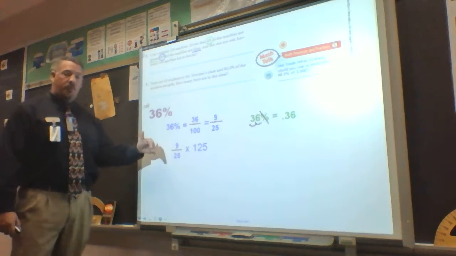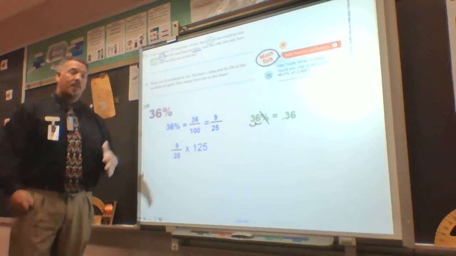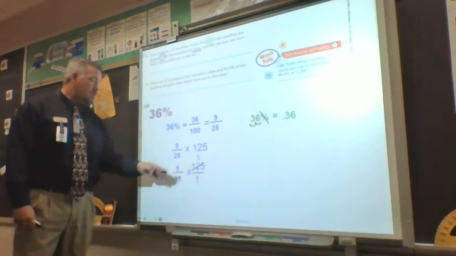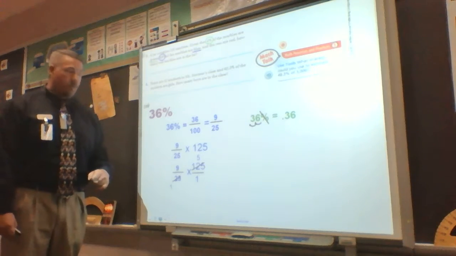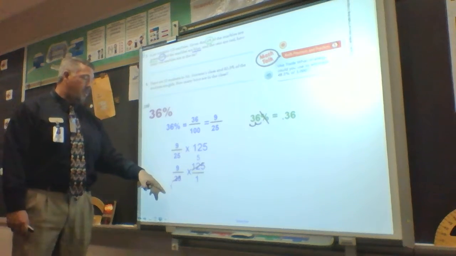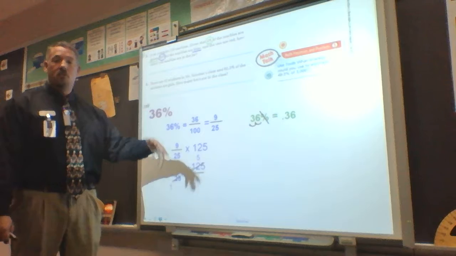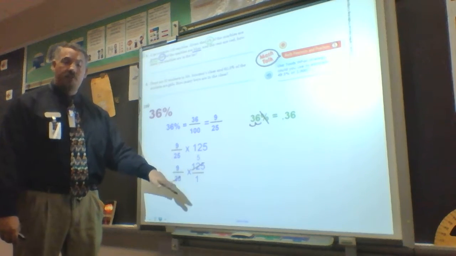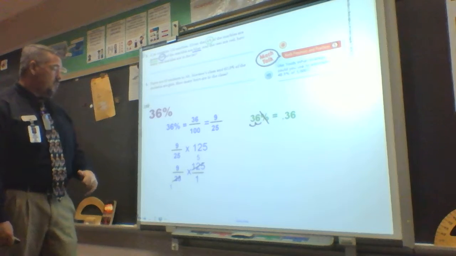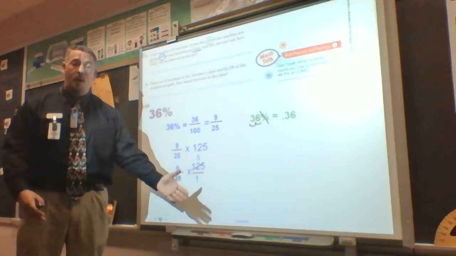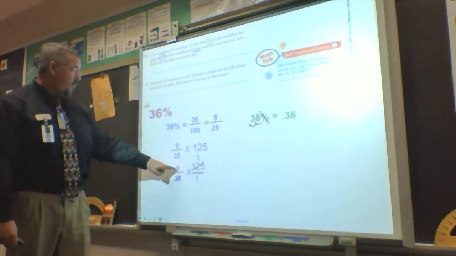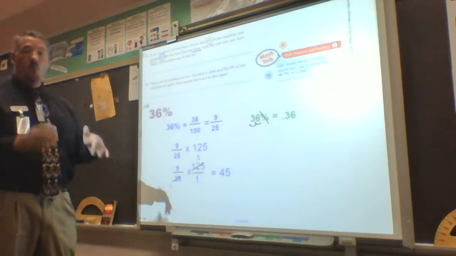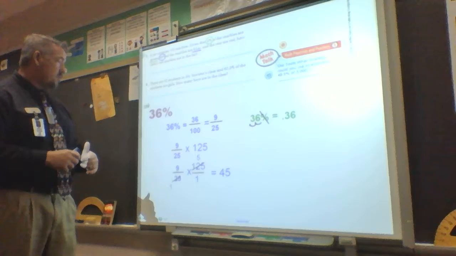So my 9/25 times 125, got to put my 125 over 1. Cross reduce, 25 goes into each of those. 25 goes into 25 once. 25 goes into 125, or there are 5 quarters in $1.25, so it goes in 5 times. I'm left with a 1 as my denominator, which I don't need, and therefore I multiply 9 times 5. It tells me that I'm going to have 45 red marbles.